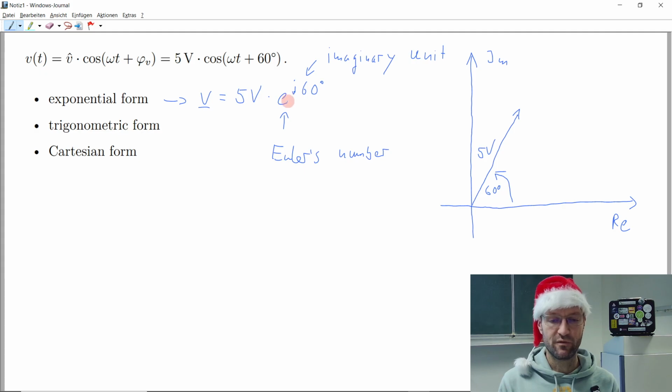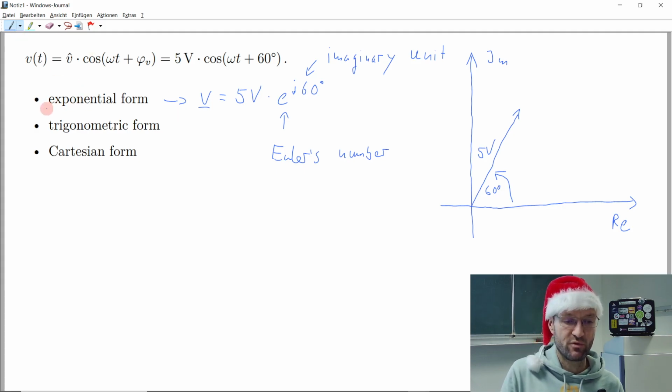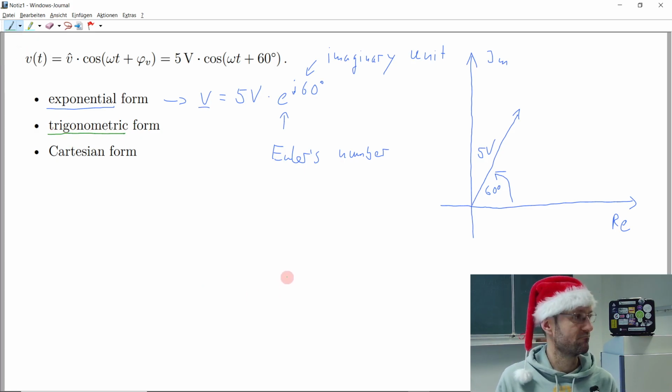So that's the exponential form. So now, what does this trigonometric form mean? Anyone some idea?